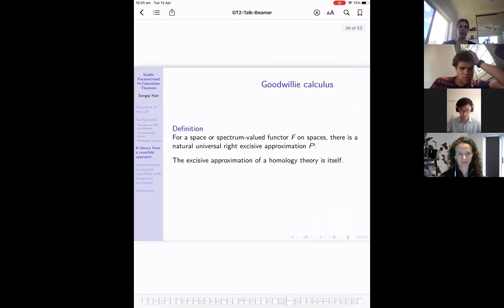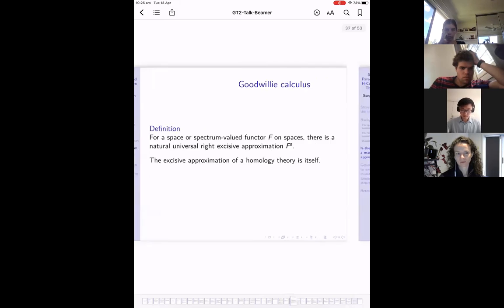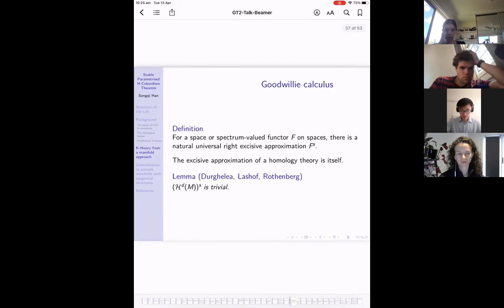The first one is that the excisive approximation of a homology theory is itself. And the second one is that the excisive approximation of the stable smooth h-cobordism space is trivial. Here D stands for smooth.